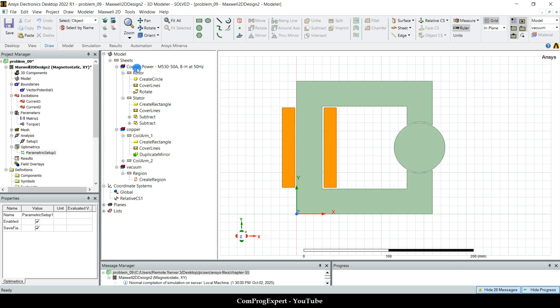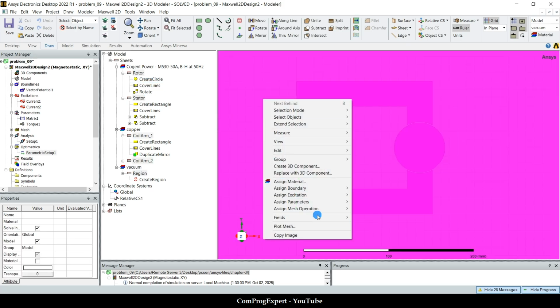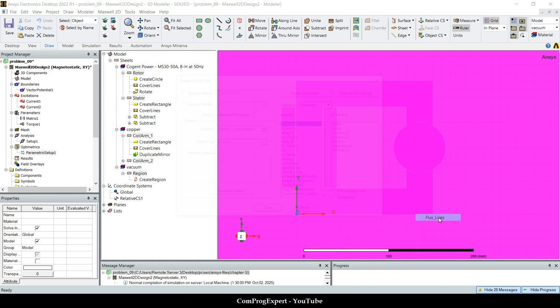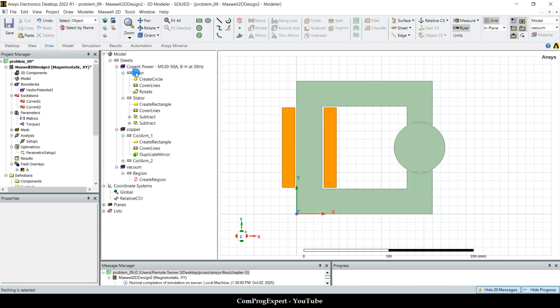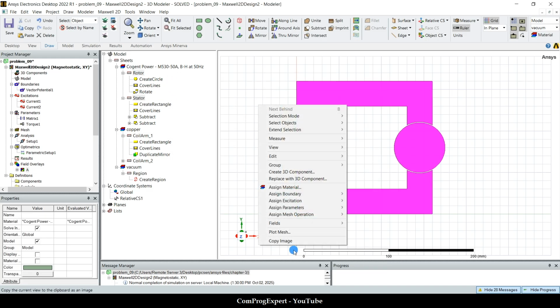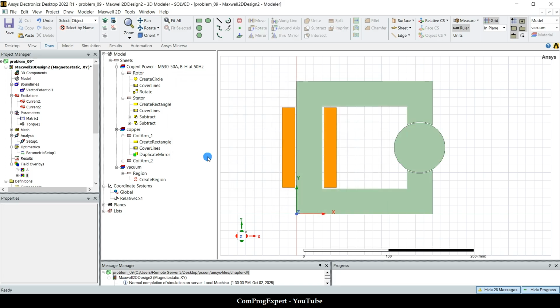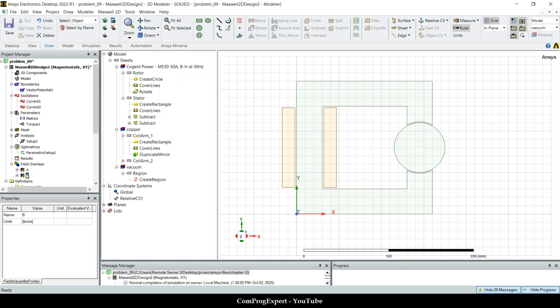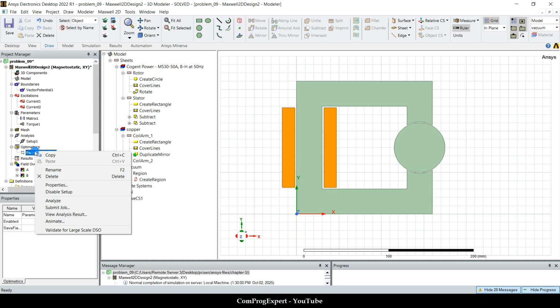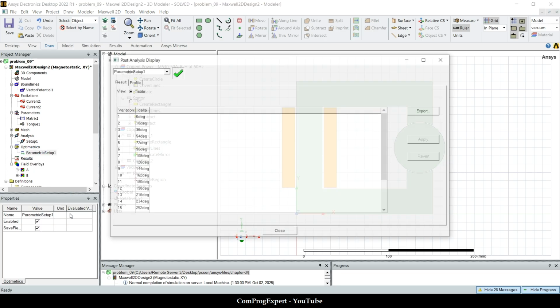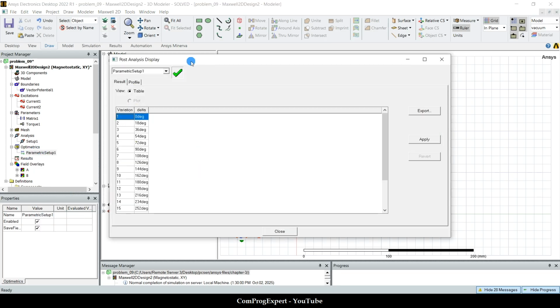Now let's visualize the solution. Here, let me select all faces, flux lines, select the rotor and stator, plot B mag. These two. Okay. Right click on parametric analysis, view analysis results.